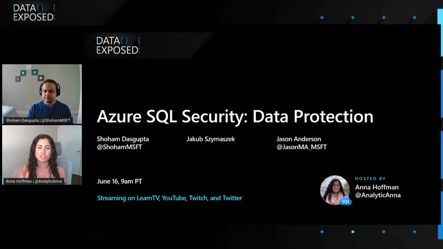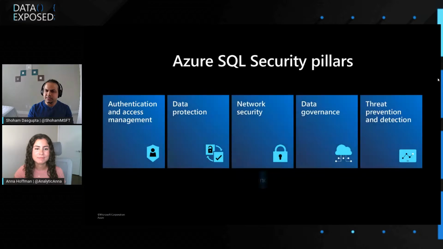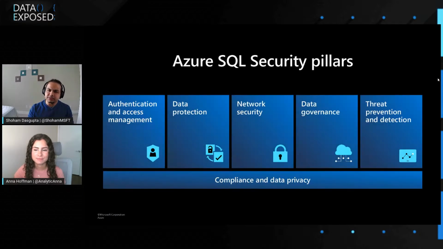So Shoham, before we get into the show, for those that maybe have joined the series or haven't, can you take us through where we are in this journey of Azure SQL Security? Absolutely. We started the Azure SQL Security series a few months back, and we already had episodes 1 and 2 so far. In episode 1, we went over the comprehensive security portfolio that Azure SQL offers to its customers.